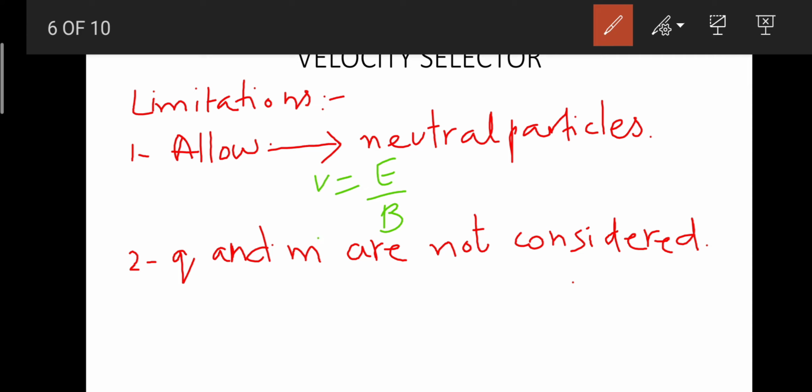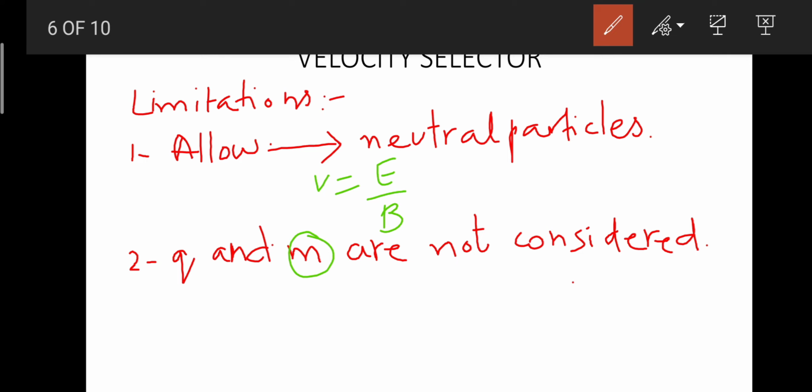And also M is not considered. So all of the charged particles, like electrons, protons and neutrons as well, will move towards that window. The reason behind is that M is not considered.